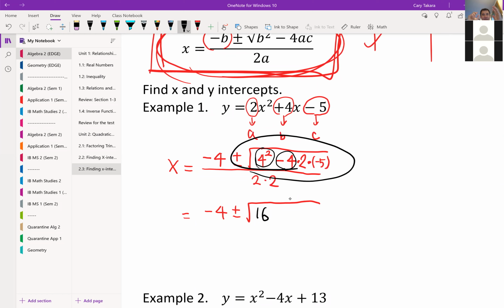So -4 times 2 is -8. -8 times -5 is, what is that? Positive 40. So you write down positive 40, over 2 times 2 is 4.